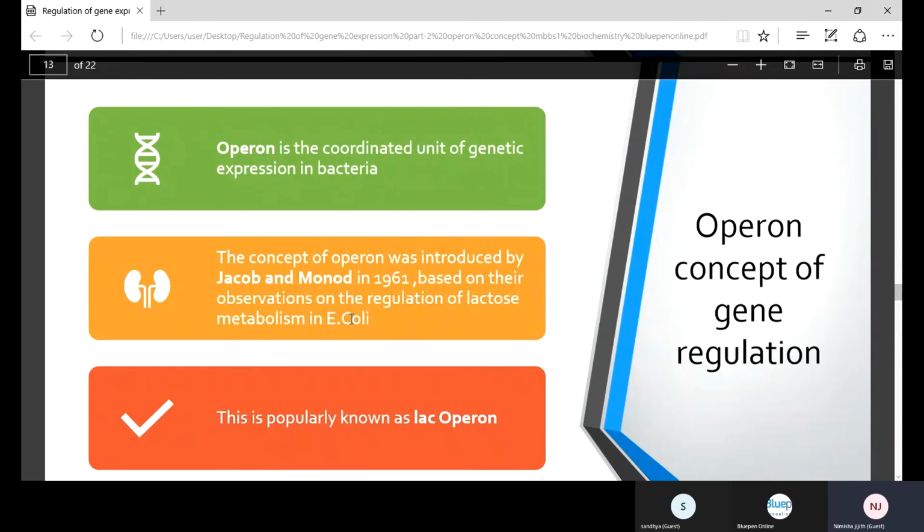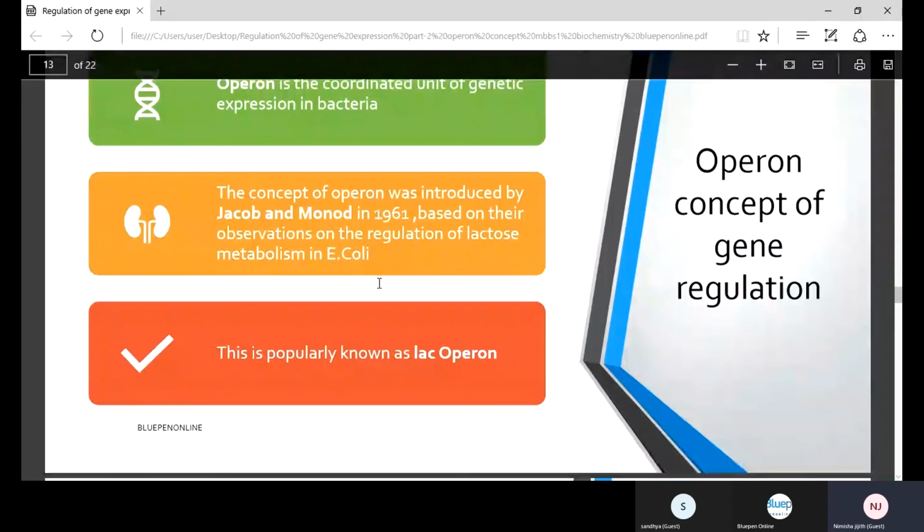They got the Nobel Prize in 1965 for this concept, based on their observation on the regulation of lactose metabolism in E. coli. This is popularly known as the lac operon.